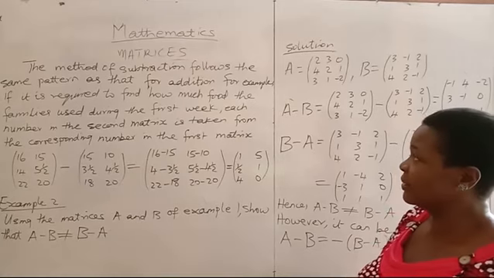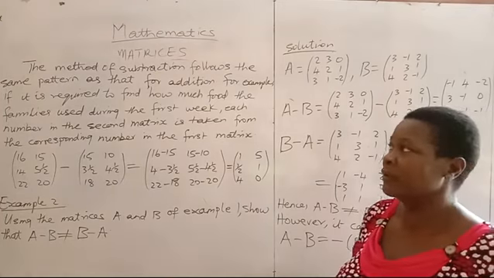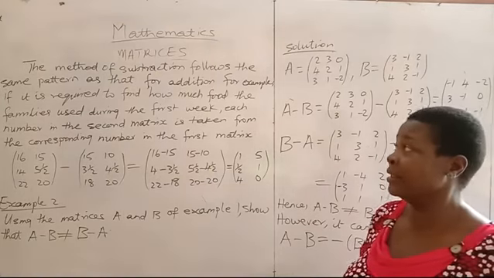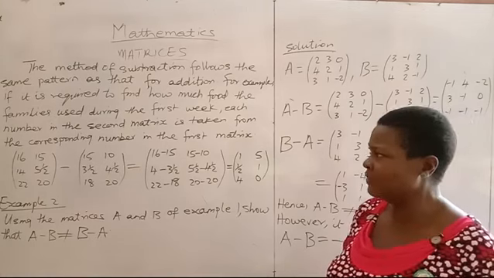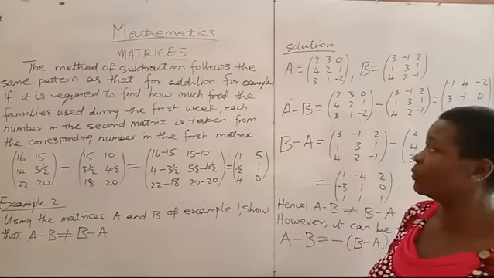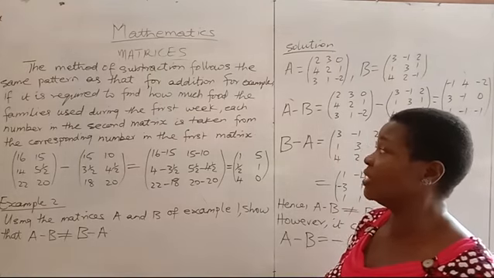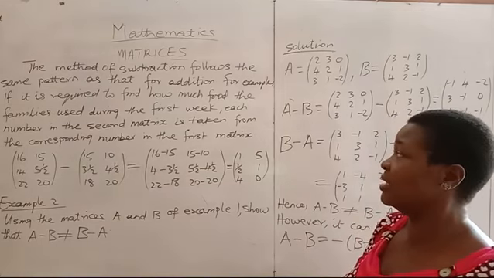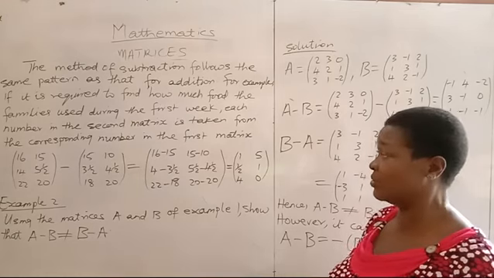All right, we want to look at subtraction of matrices. The method of subtraction follows the same pattern as that for addition. For example, if it is required to find how much food the families used during the first week, each number in the second matrix is taken from the corresponding number in the first matrix.